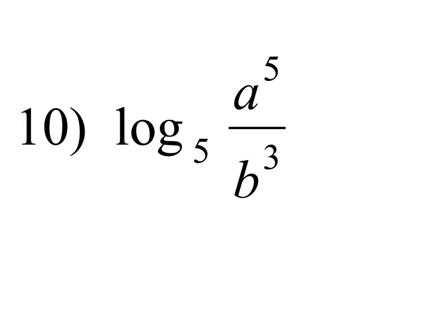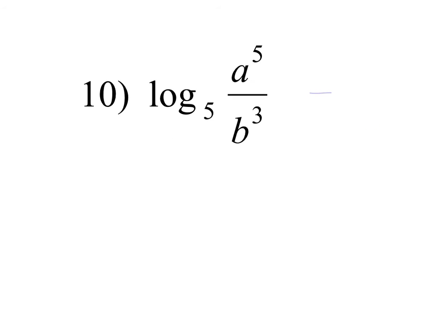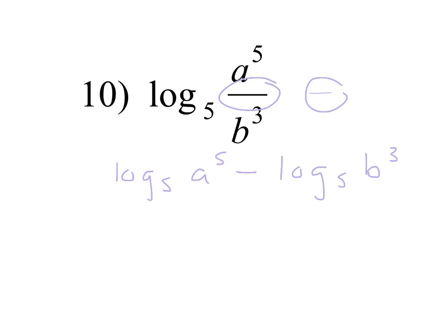Okay, so here we're dividing, so this means we're going to break it apart and subtract them. So we have log base 5 of a to the 5th power minus log base 5 of b to the 3rd power. So we break it apart, each part gets its own log, and we subtract them. Since we started out with dividing, that means we're going to break them apart and subtract.